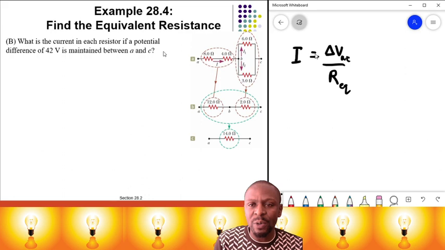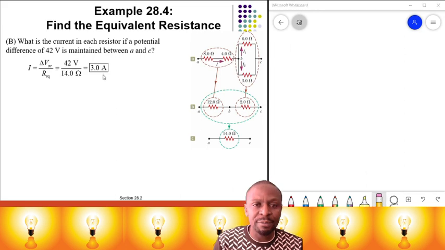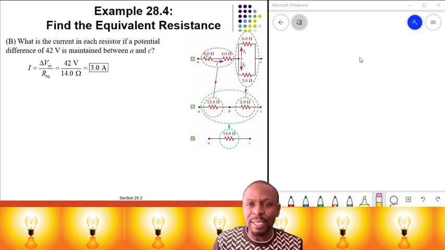The R equivalent is just 14 ohms. If you do that, this is what you are going to have for the current through the 8 ohm resistor and then the 4 ohm resistor.